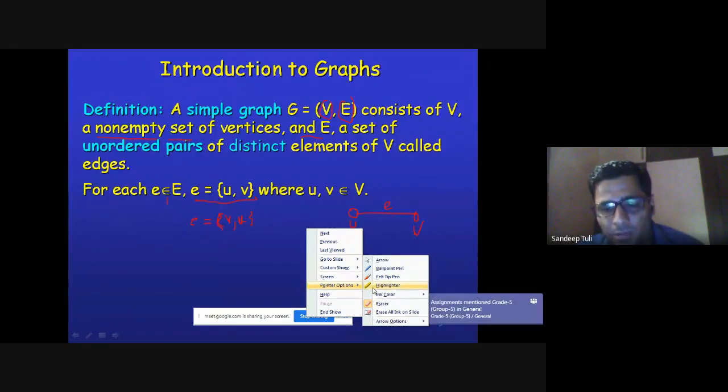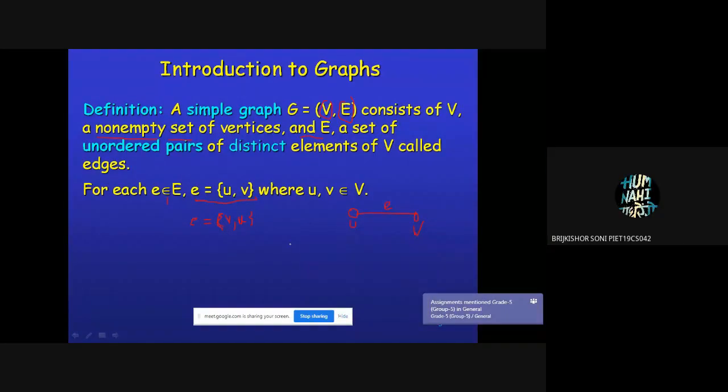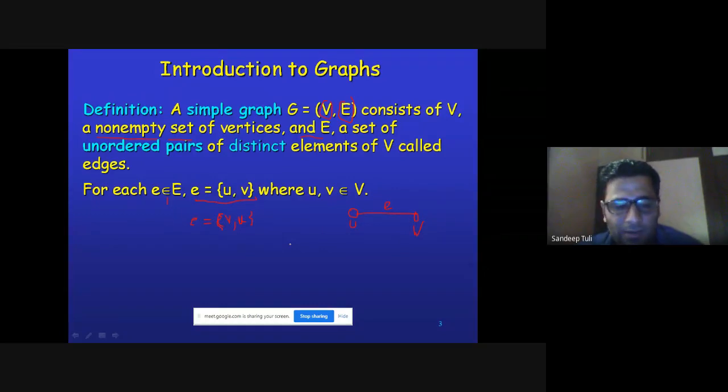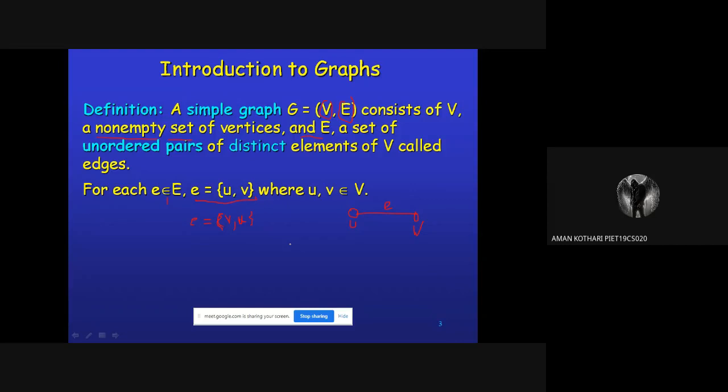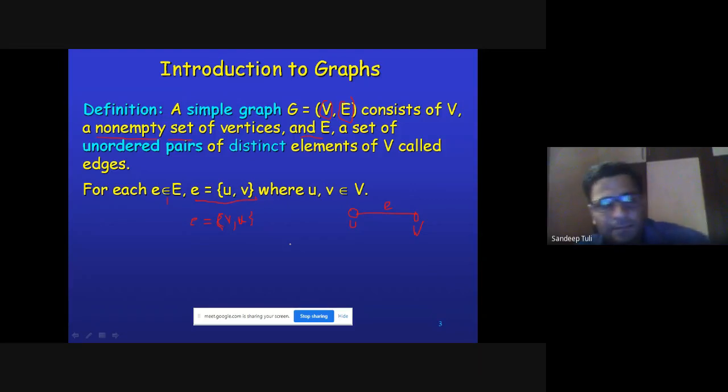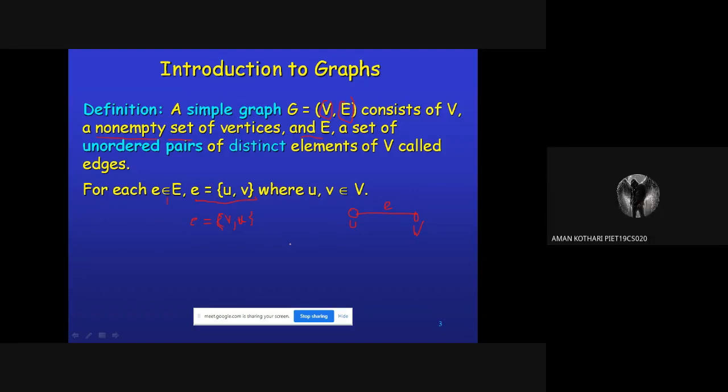So now tell me what could be ordered and unordered. I have told you to wait and move ahead, then you will understand. So now someone tell us, what is ordered and unordered? Unordered is when there is no direction, and ordered means a particular direction.